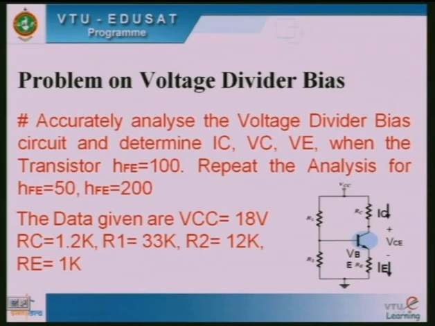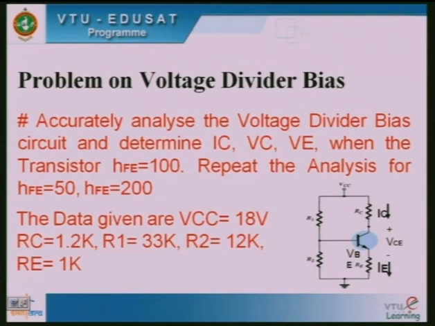By using that formula, we arrived at VB is equal to VCC R2 by R1 plus R2. We got it as a constant. So, in the approximate analysis, beta or HFE will not be given. If the beta or HFE is not given, then we can go for approximate analysis.